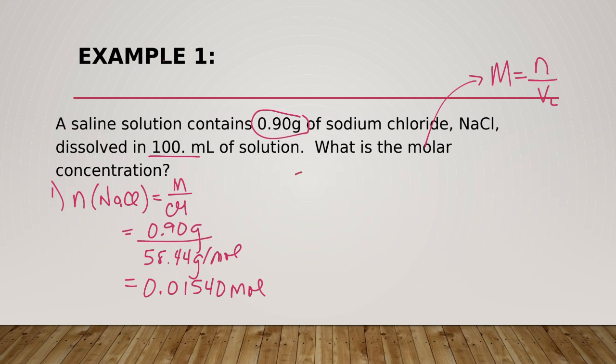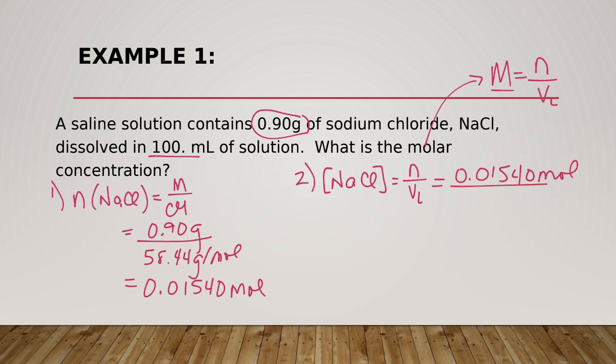So step 2 would be to calculate the molar concentration. Remember, for molar concentration, you can use a capital M, or you can use square brackets around sodium chloride. Let's do that, to get you used to this because you will see this quite often. We set it up as moles over our volume in liters. So our mole value is 0.01540 mole, and then we divide by volume, but I need it in liters.